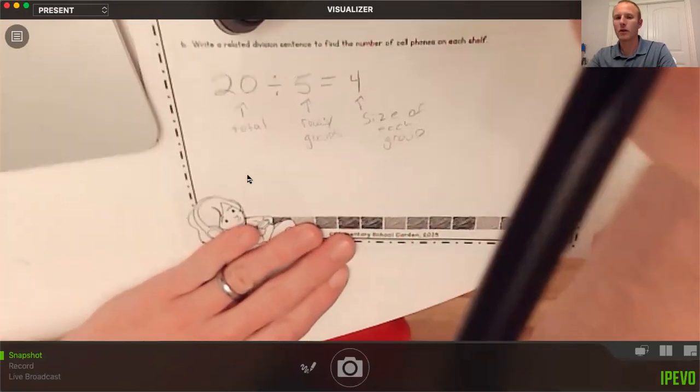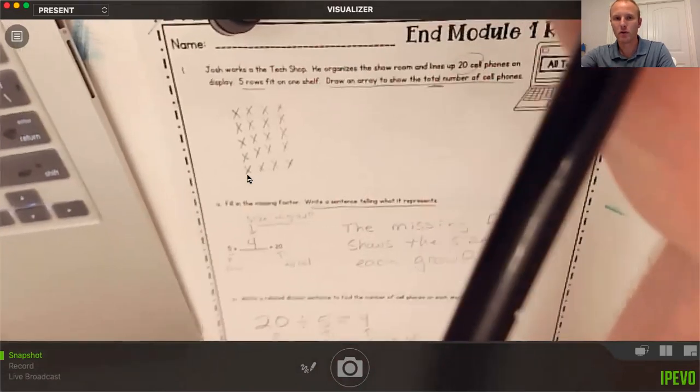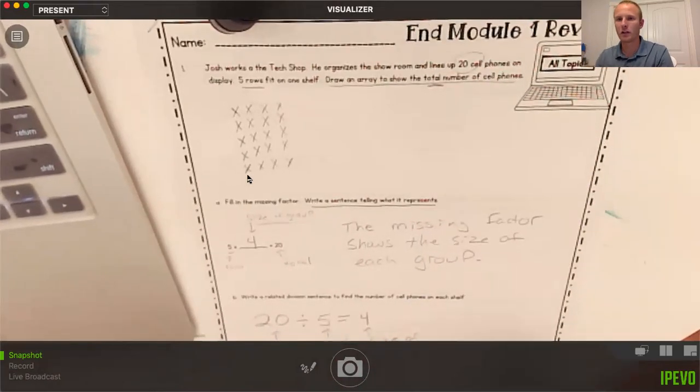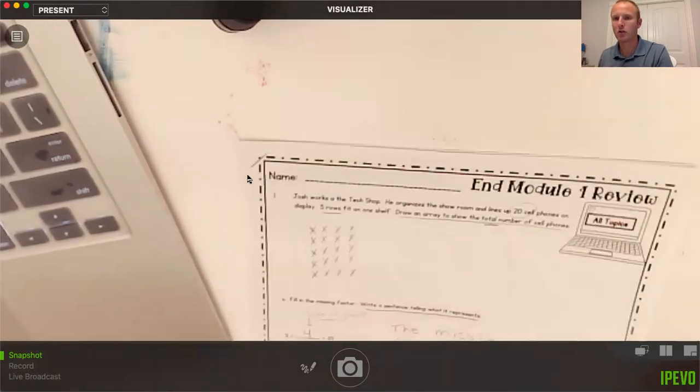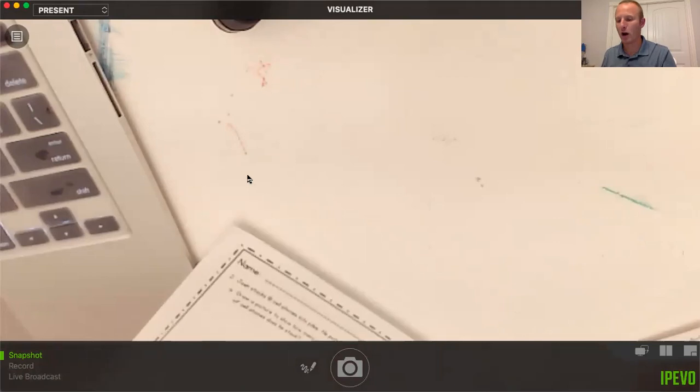And that is it for the first page of our review. This is going to be very similar to the work that you do independently, both on the end of module assessment and on the independent review practice.